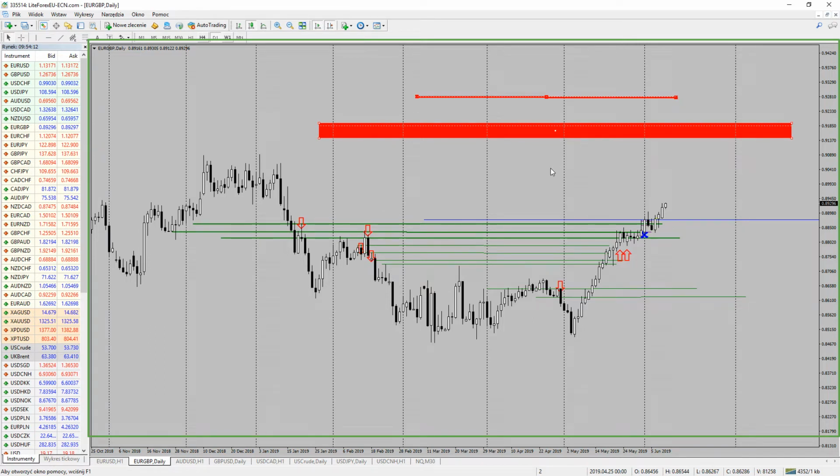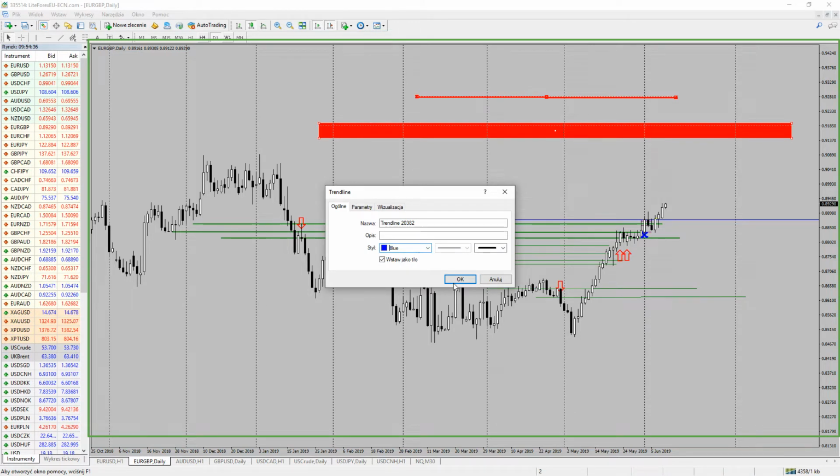Then whenever we see blue color, either a line or the whole zone, it means that we are talking about levels based on the weekly chart.